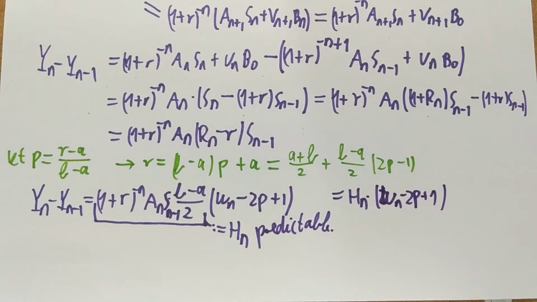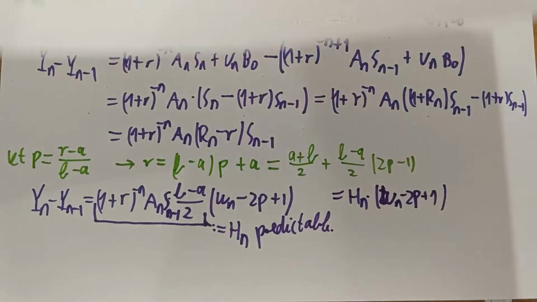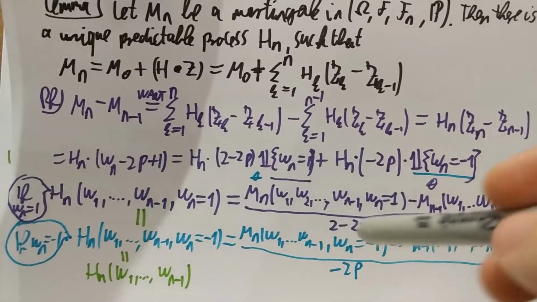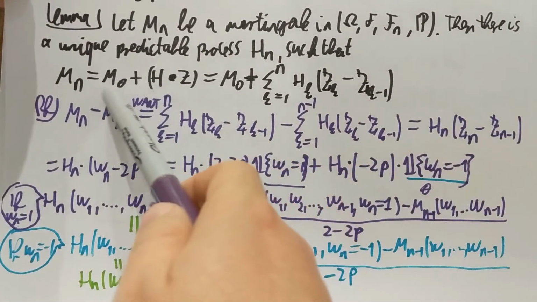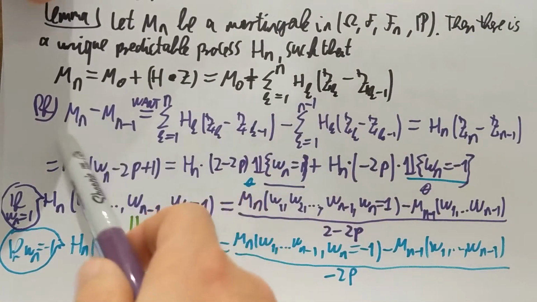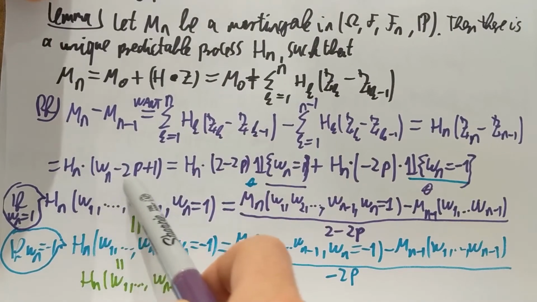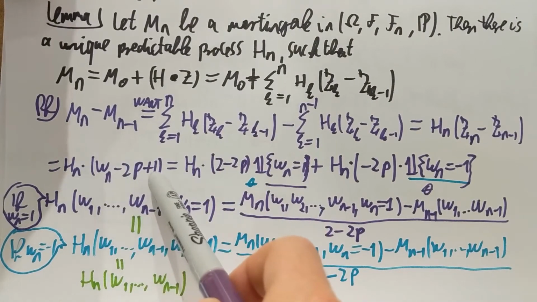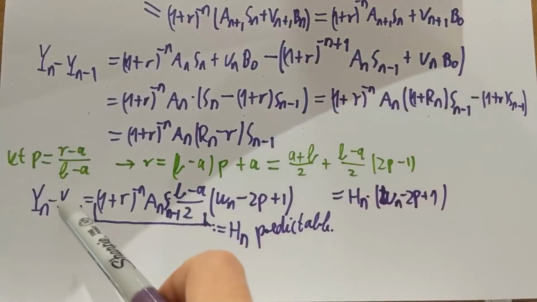If I now go back to part of the proof of the lemma, which said that if I have a Martingale transform of z, then the increment of my Martingale is exactly hn times omega n minus 2p plus 1. That exactly means that y is a Martingale transform.